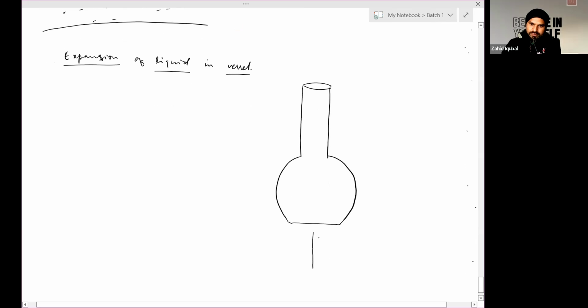Now it is placed over a burner. From it, heat is supplied to this particular system.